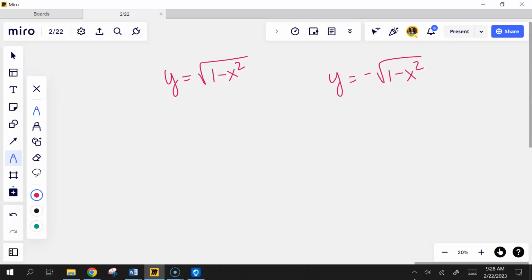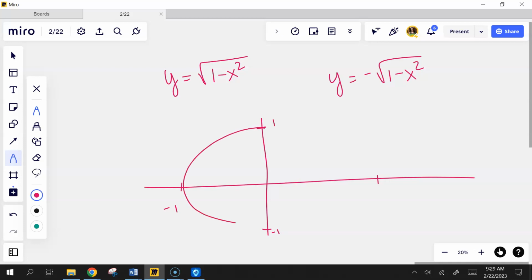What do these two things look like? On a graph, what does this look like? Okay, it's supposed to be a circle.